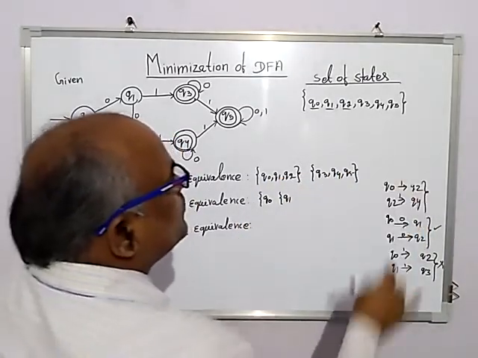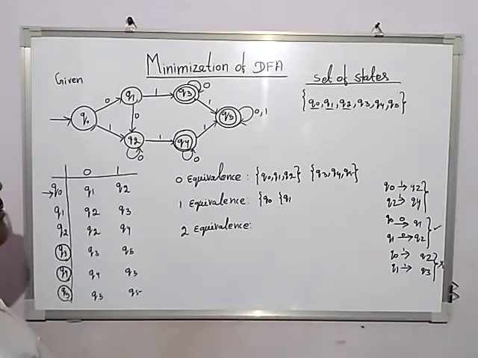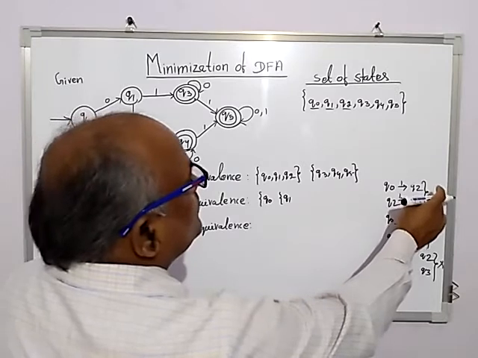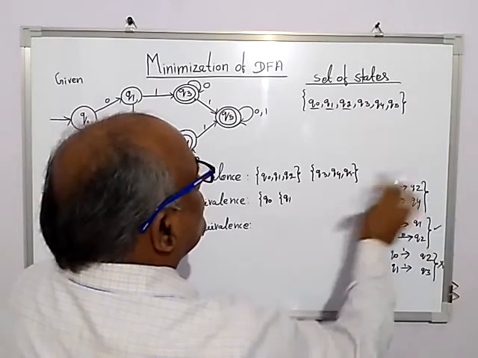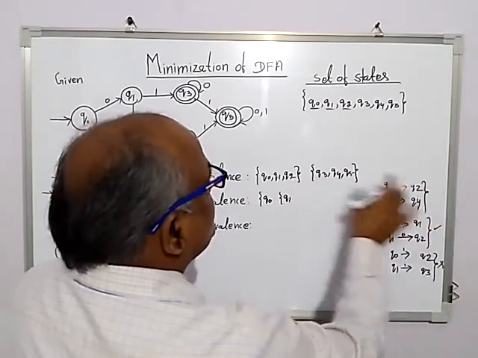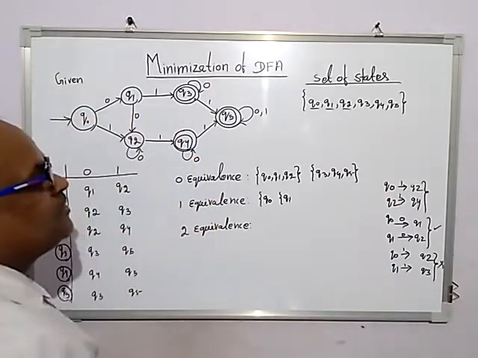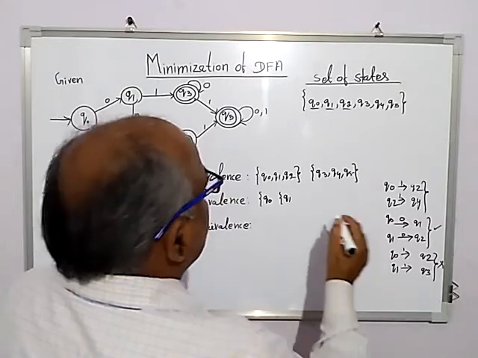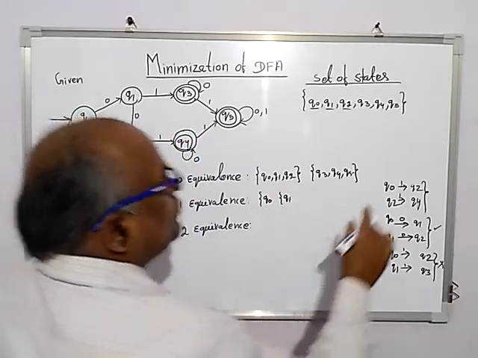Since for 1 input the next states are not available in the same set, we consider Q0, Q2 not equivalent. That's why we consider Q1 and Q2.